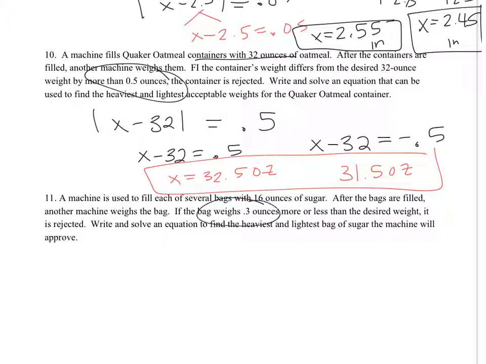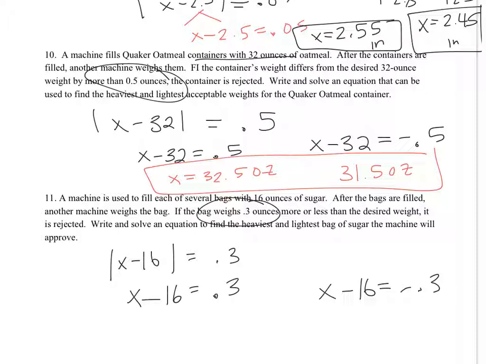So my tolerance is 0.3, but I need to be 0.3 ounces of 16. So I'm going to do x minus 16 equals positive 0.3, and x minus 16 equals negative 0.3. So when I solve, I get x equals 16.3 ounces or 15.7 ounces.